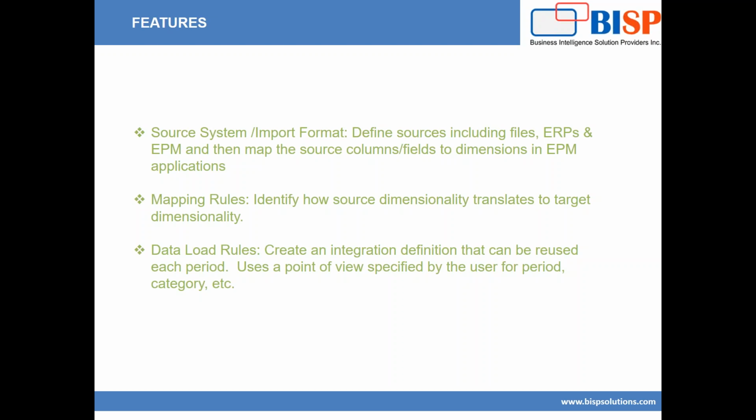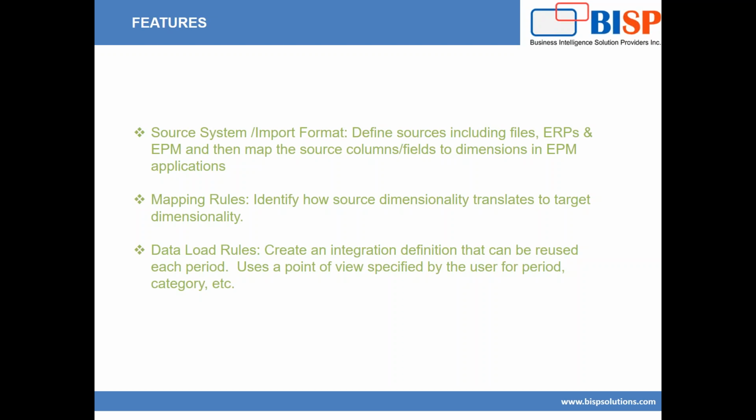Let's say we are loading a file, and we have columns of data coming in a file. We have various columns of metadata and then a final column of data. In FDMEE Cloud, in import format, we tell FDMEE which column should be mapped to which dimension, that is, which column in the source file belongs to which dimension.